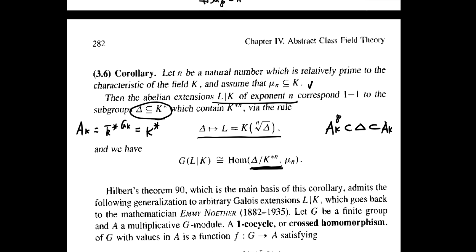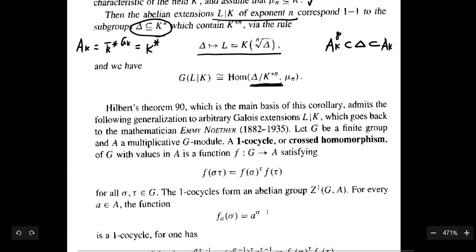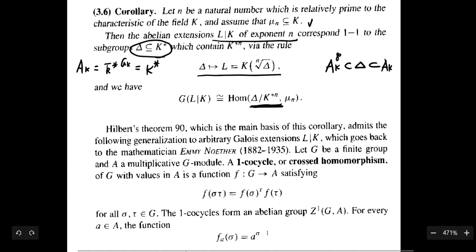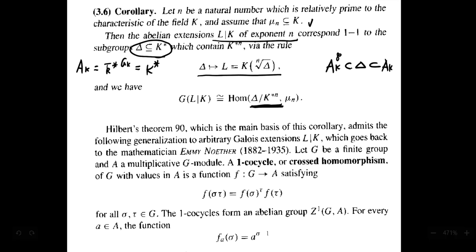So that's what we were talking about. Hilbert's 90, which is the main basis of this corollary, makes the following generalization to arbitrary Galois extensions. Let G be a finite group and A a multiplicative G-module.